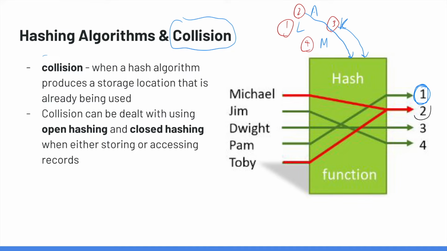Similarly, right here, we've got 5 strings. We can give these keys of 1, 2, 3, 4, 5. Now in this example, we might be putting in the key for Michael and the key for Toby. But the hash algorithm produces a position of 2 for both of them. Now this is an example of collision, and we're going to learn about 2 types of collision handling, which are open hashing and closed hashing.